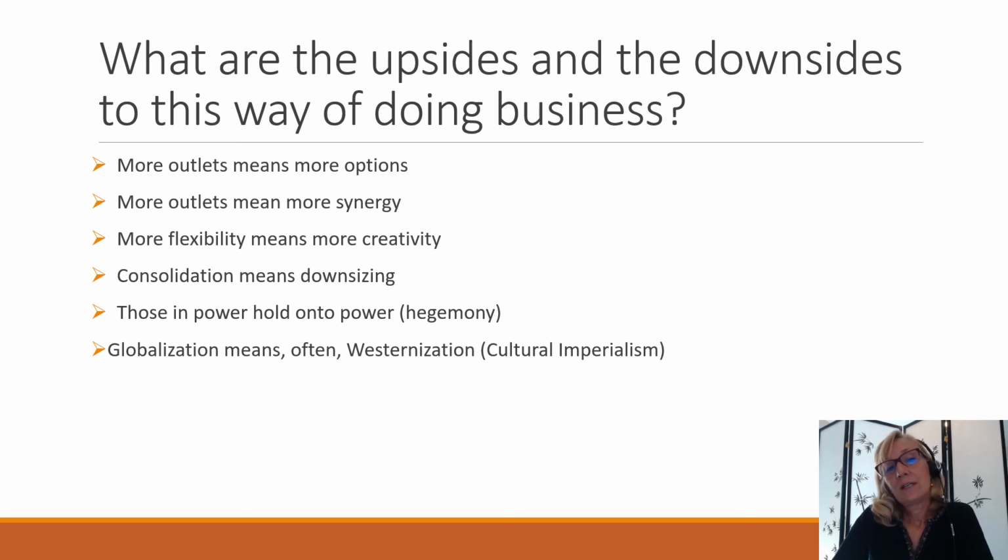We also see that those who are in power hold on to power, and we'll talk about what we mean by hegemony. And globalization, in the context of these major media conglomerates, can often mean westernization, and westernization often leads to cultural imperialism. So let's define those concepts.